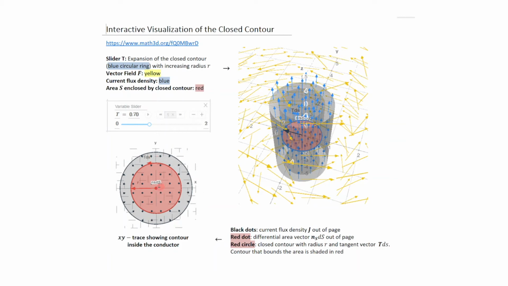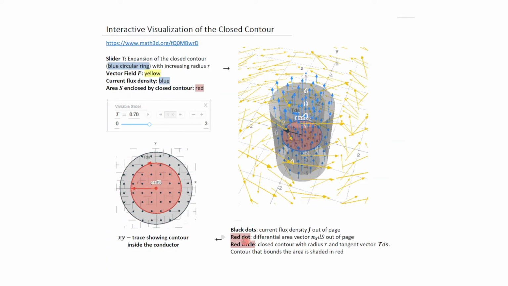This n ds would represent the area vector associated with this planar area. This is the radius of the contour, and this t ds is the vector that's tangent to the closed contour. In this case, the contour is only taking a portion of the total current flux density, because it's only encapsulating a fraction of the total surface area.